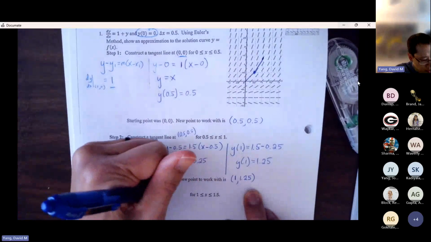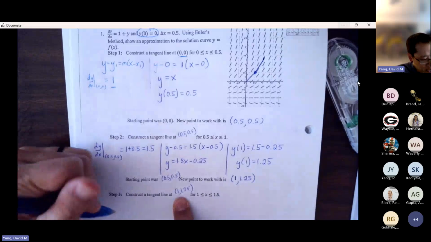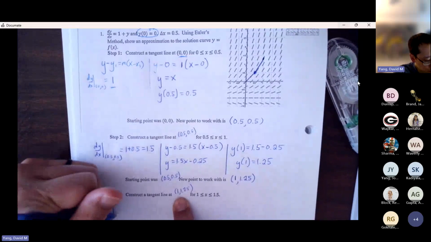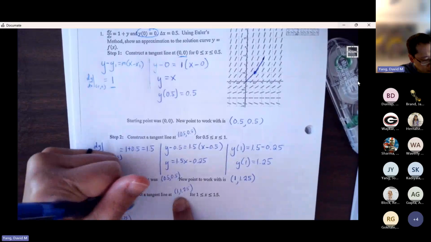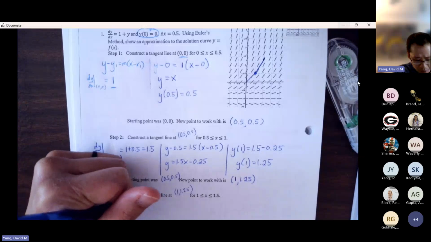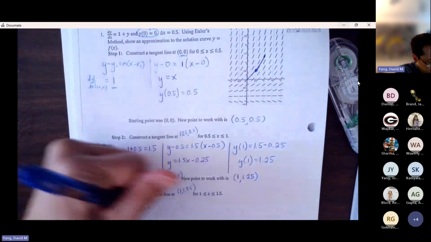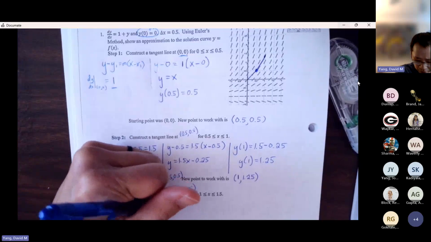So we're going to start at 1.25. Take that ordered pair, put it into our differential equation, our slope formula, and we get 1 plus y, where y is 1.25, which is 2.25.